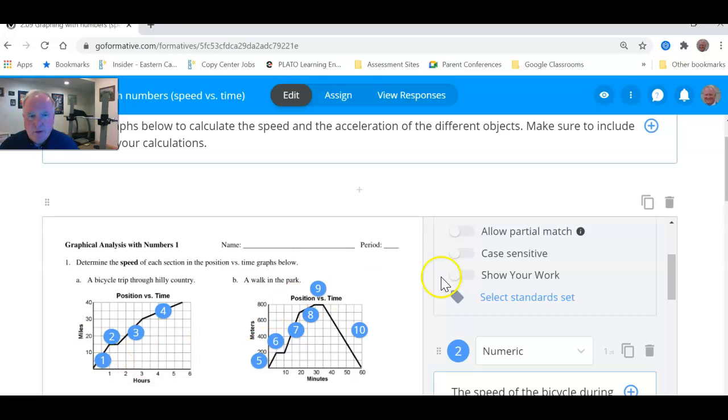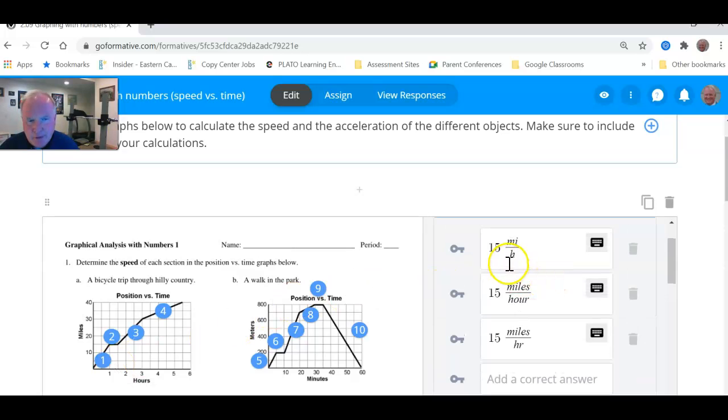And so for problem number 1, we should be getting 15 miles per hour. So just so you guys don't get frustrated, 15 miles per hour would be the correct units, but we're accepting miles per hour or miles per, and then HR. Okay, so you're going to do that for all 8 of these.